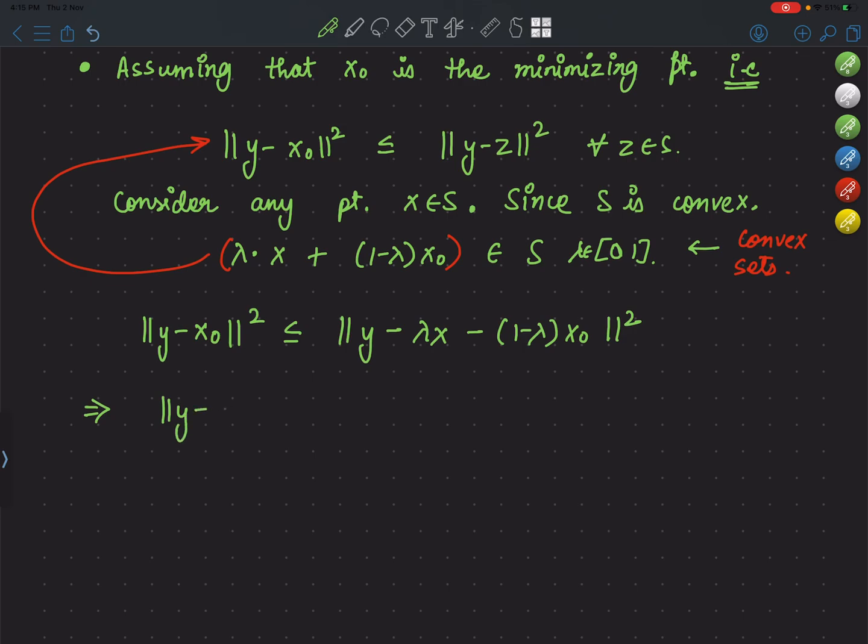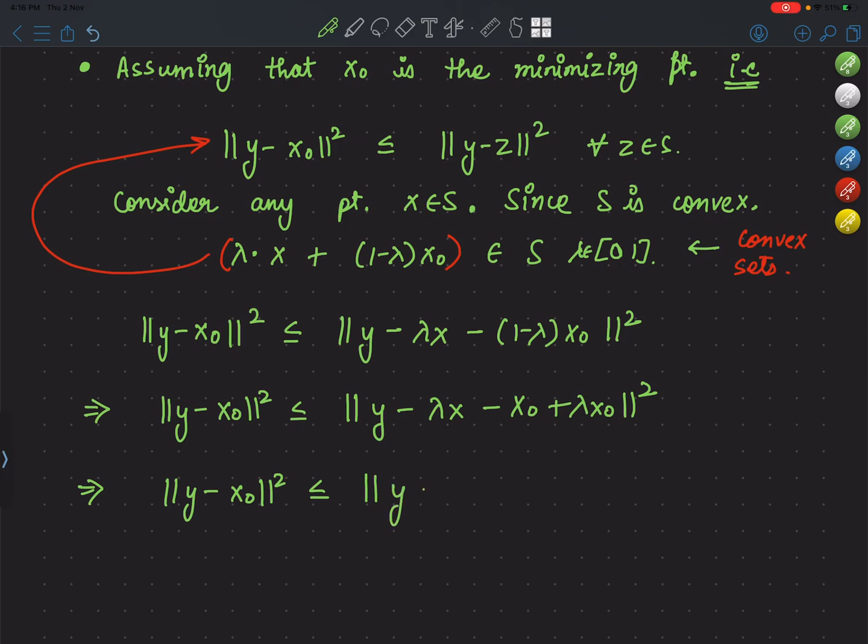So ||y minus x naught|| square is less than or equal to ||y minus lambda x minus x naught plus lambda x naught|| square, which gives ||y minus x naught minus lambda (x minus x naught)|| square.